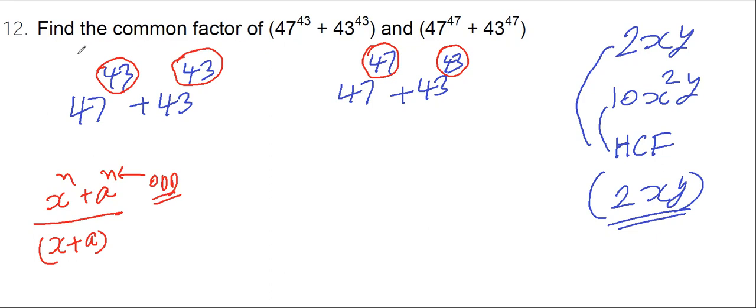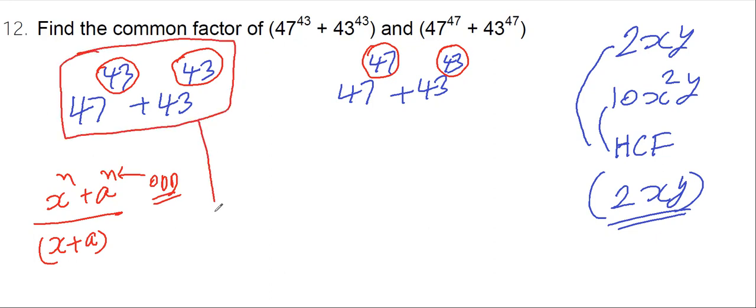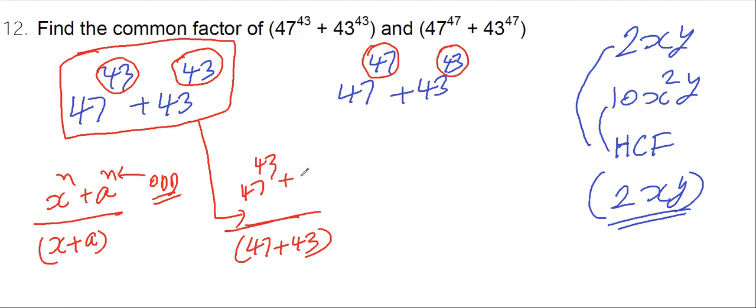So I can very easily say that this number is 100% divisible by which number? 47 plus 43. This particular number is 100% divisible by 43 plus 47.